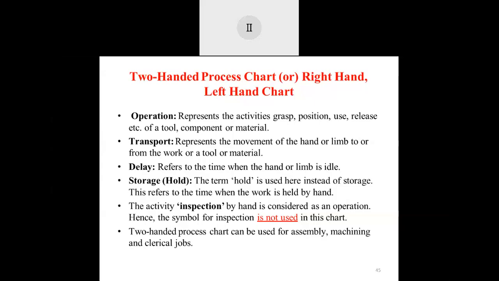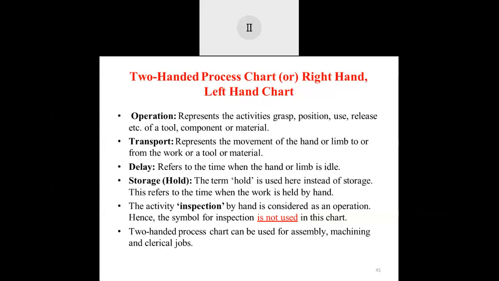Then another activity which we have seen in our previous process charts, which is not available in the two-hand process chart, is inspection. The activity inspection by hand is considered as an operation. Hence, the symbol for inspection is not used in this chart.